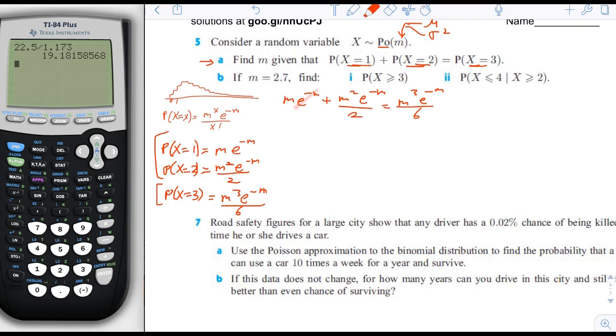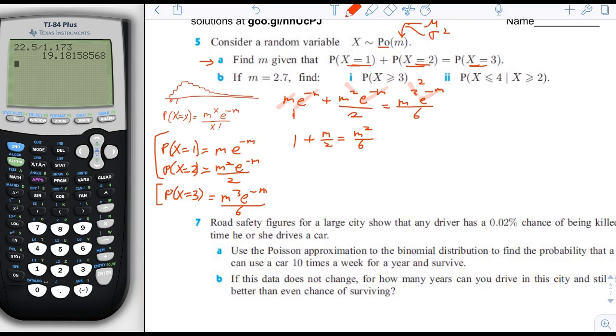So I'm going to divide everything by e to the negative m, and I get rid of that complicating factor. And then I'm going to get rid of one of the m's. So what I'm going to have here is 1 plus m over 2 equals m squared over 6.